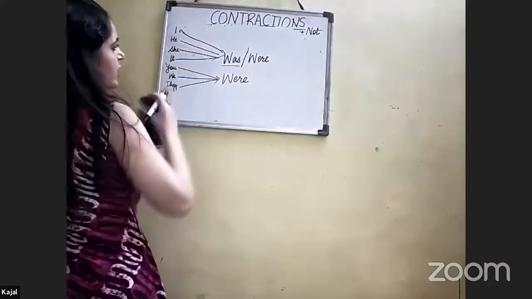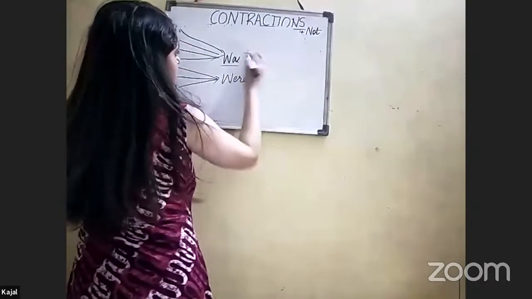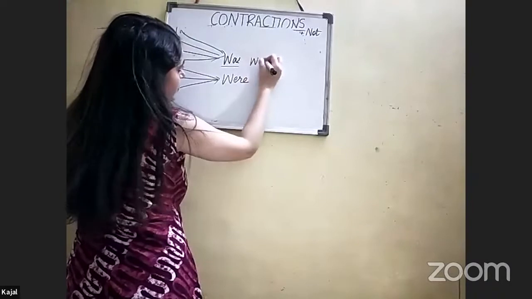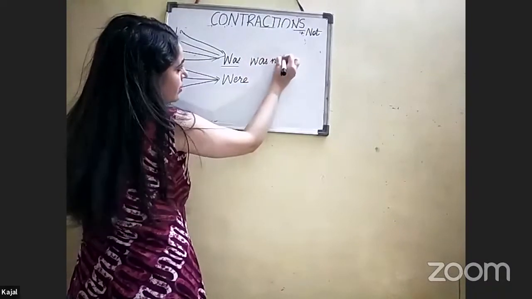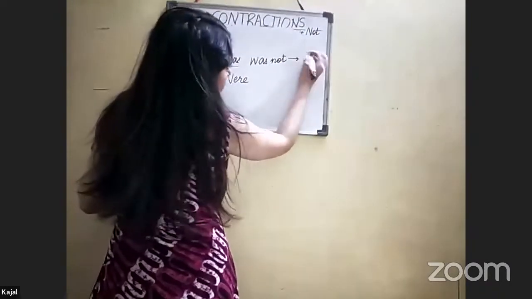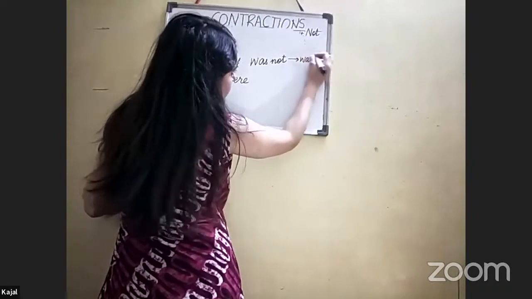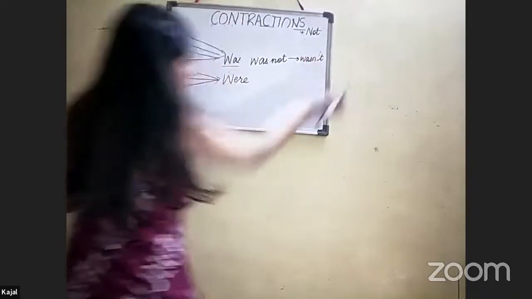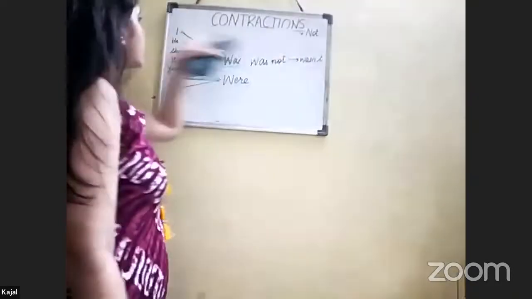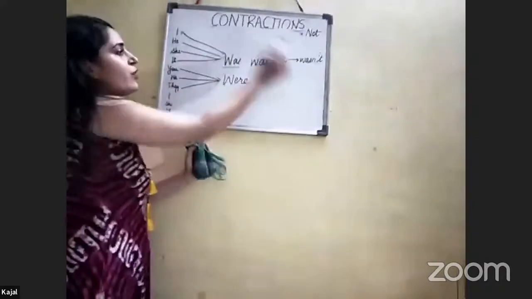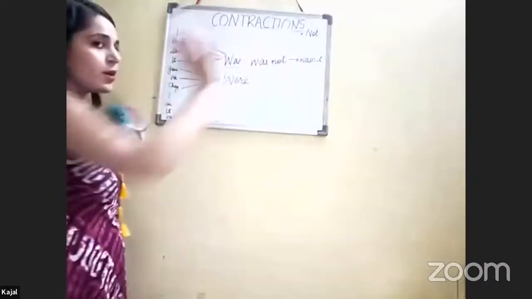I, he, she, it was negative, was not. So it negative will become wasn't. I wasn't, he wasn't, she wasn't, it wasn't.